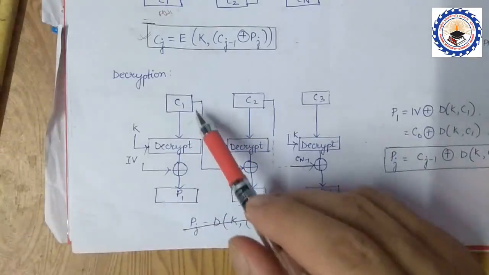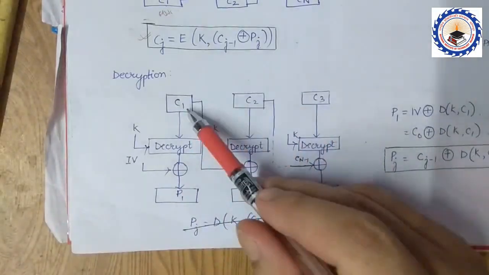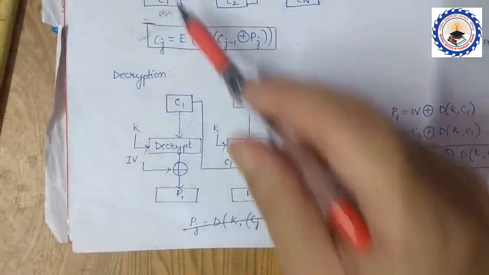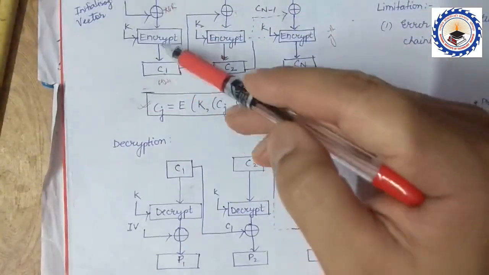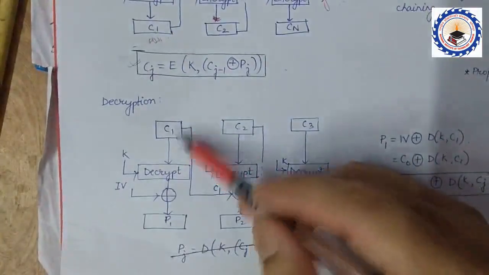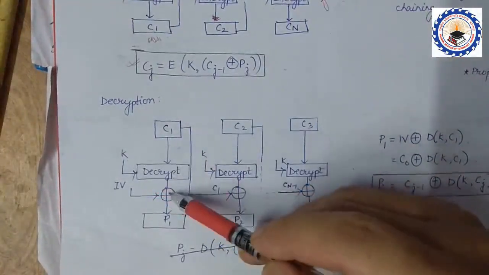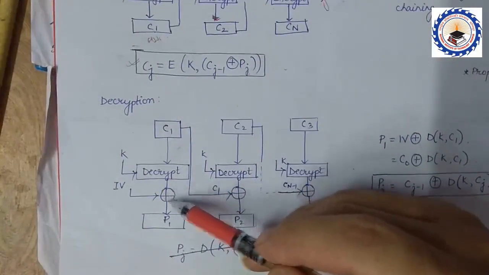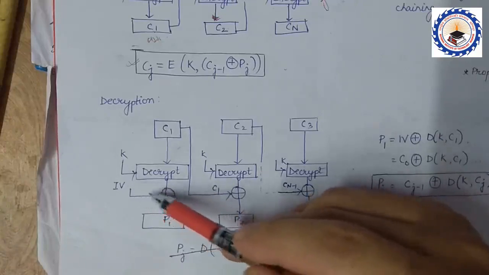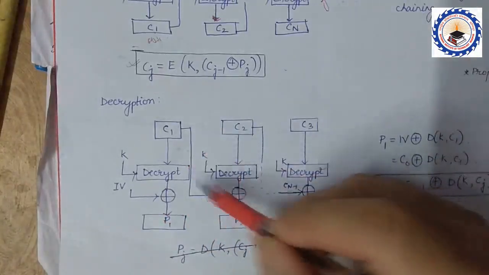Similarly, if you look at the decryption part, it follows the same procedure. We get the ciphertext blocks and divide them into equal blocks. Then we have to decrypt. It's just the reverse part. For C1, instead of encryption, we do the decryption with the given key, and then with that result we do the XOR operation with the previous ciphertext block, the chaining mode.